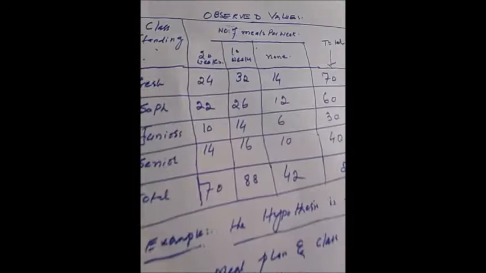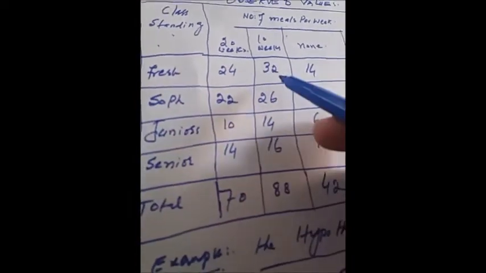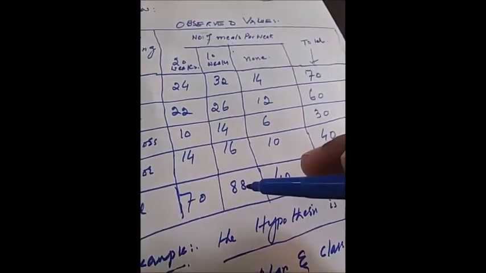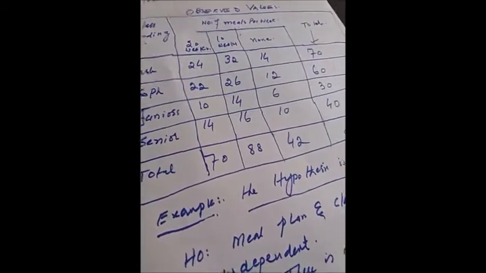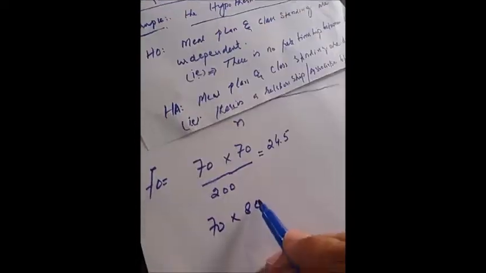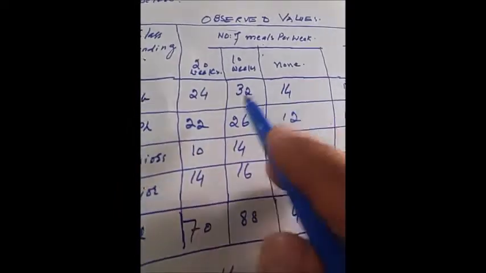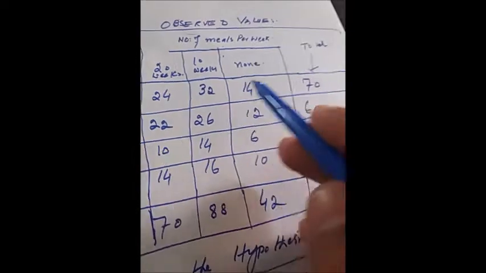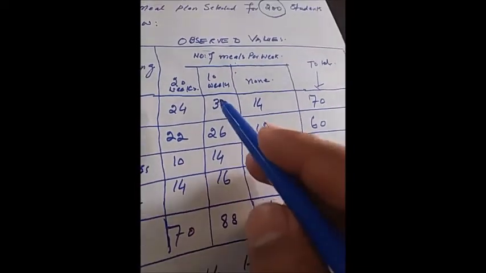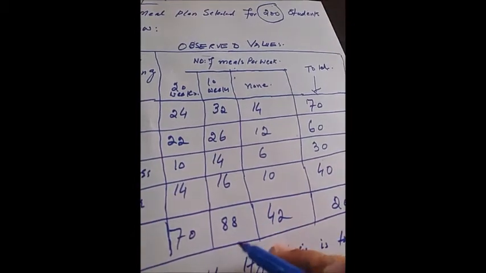Now with the same formula, we apply it for freshmen for 10 weeks. The row total is 70 and the column total for 10 weeks is 88.